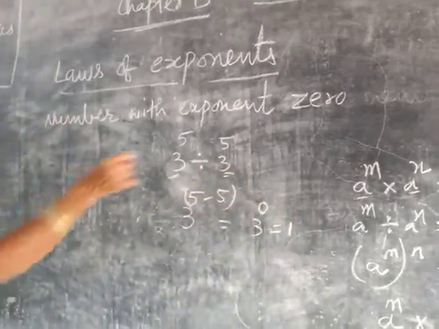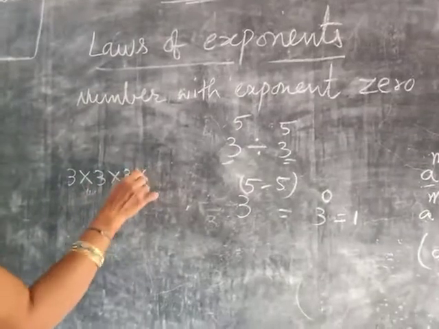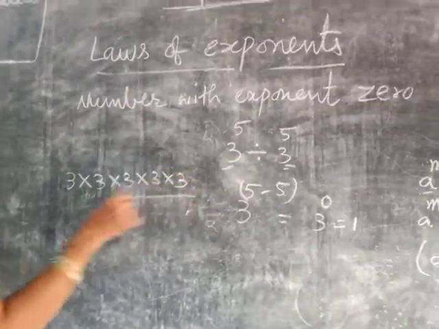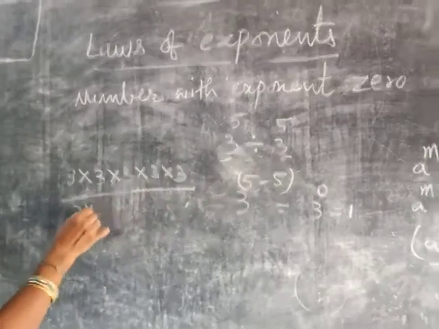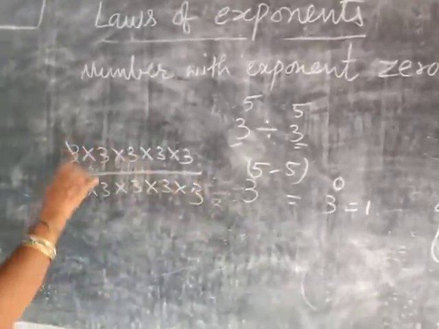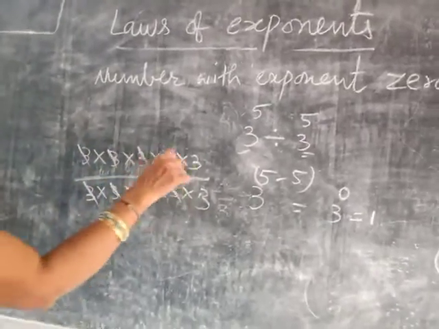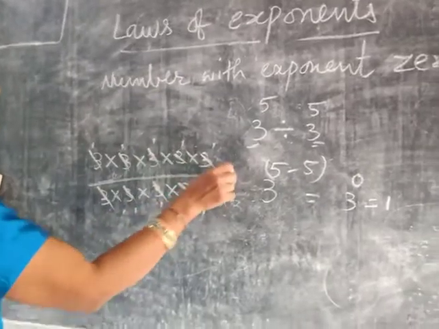See, another way: 3 to the power 5 means 3 multiplied 5 times. Okay, then divided means you have to write divided, again 3 multiplied 5 times. Then it will cancel: 3, 3, 3, 3, 3, one by one. Like that. How much came? 1 came.